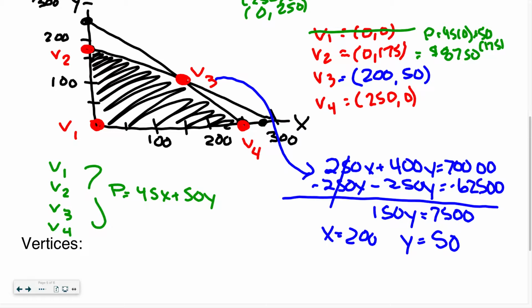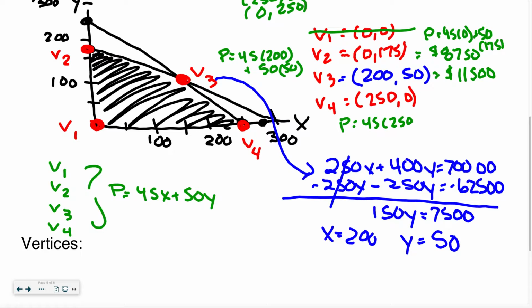And then for V sub 3, I would do the profit equals 45 times 200 plus 50 times 50, which is 11,500. And then for V sub 4, I would do 45 times 250 plus 50 times 0, and that one is 11,250.